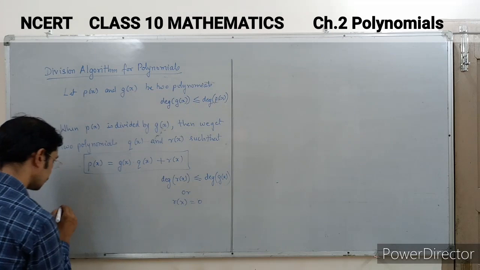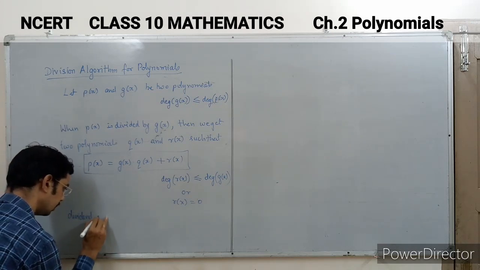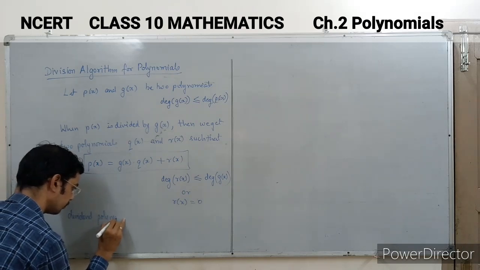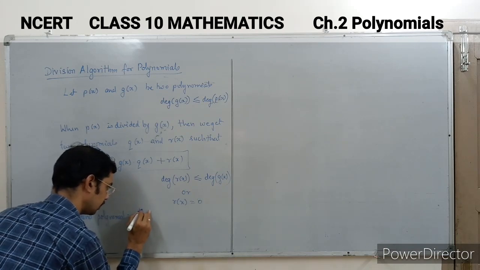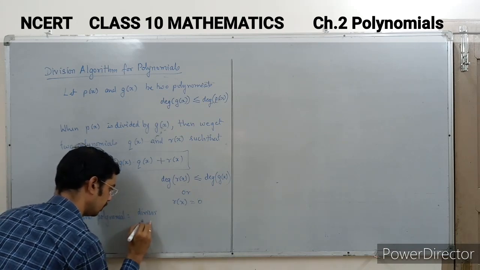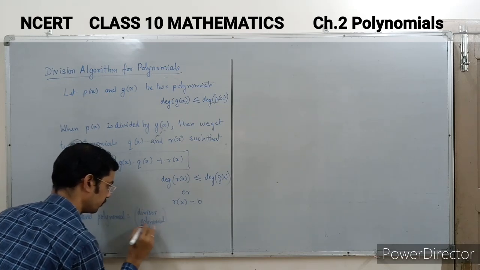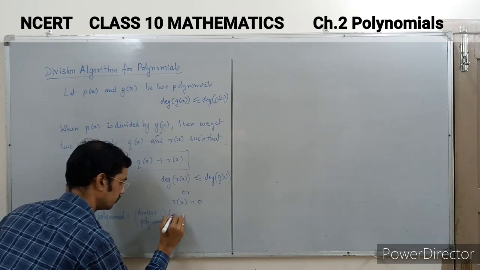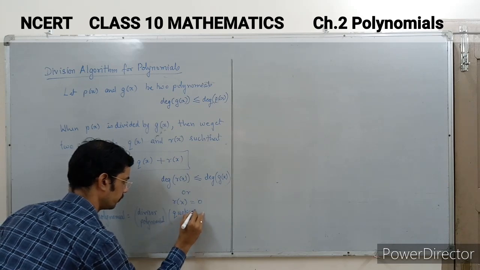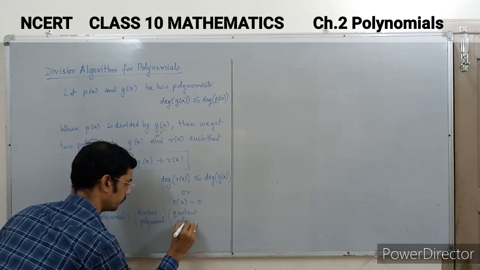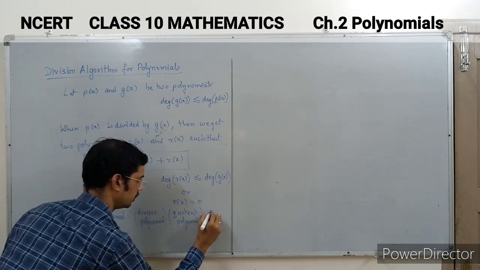We can just write it down as: dividend polynomial is equal to divisor polynomial into quotient polynomial plus remainder polynomial.